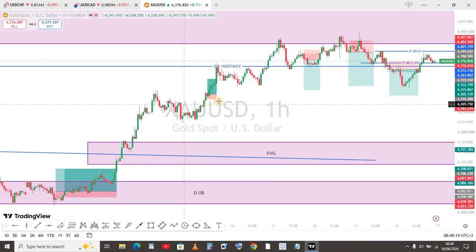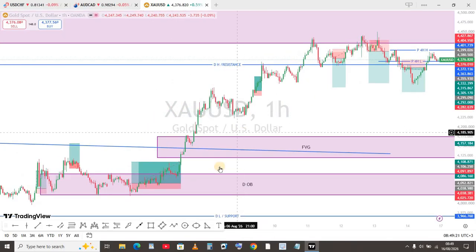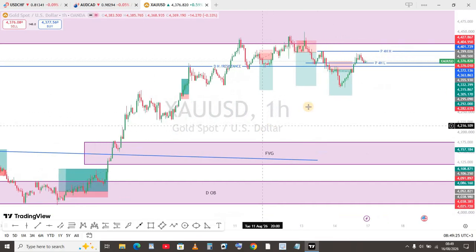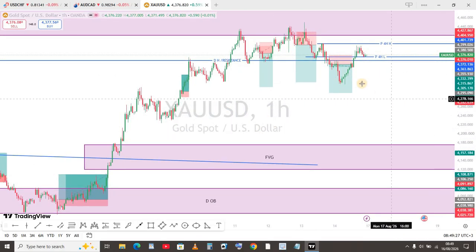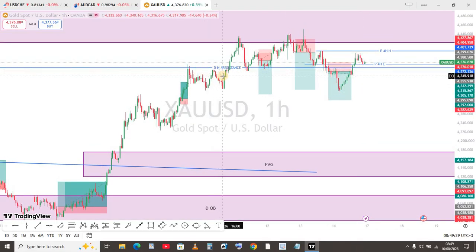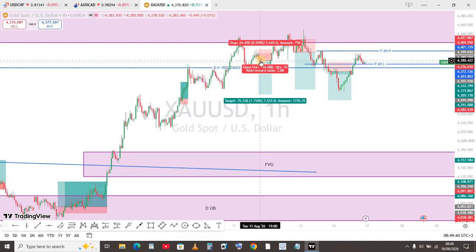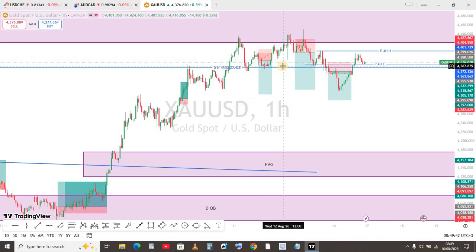On our 1 hour time frame, you can see that this market was bullish from this order block up to the supply zone. It broke the daily high resistance and retested this supply area. I waited for the retest inside this fair value, but I took one stop loss. I didn't enter immediately.